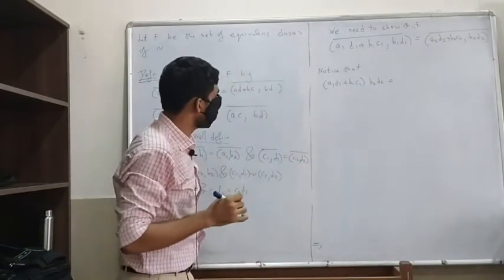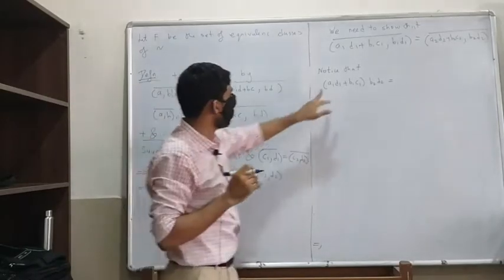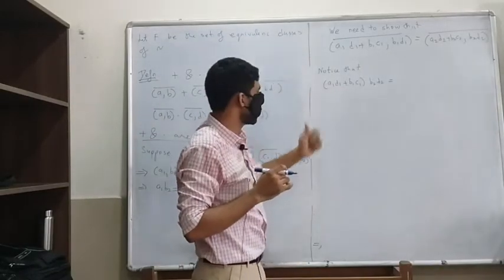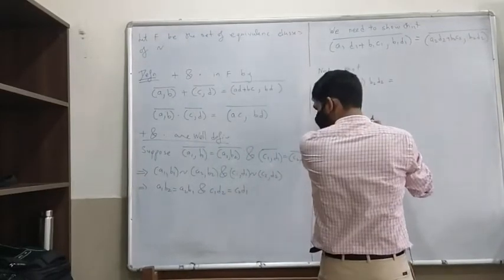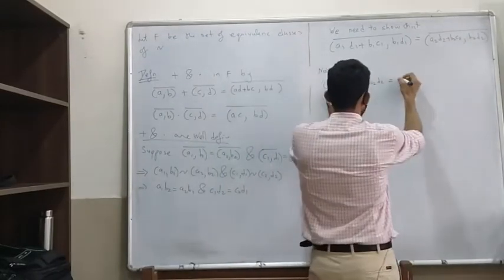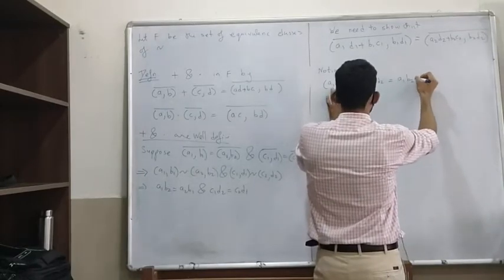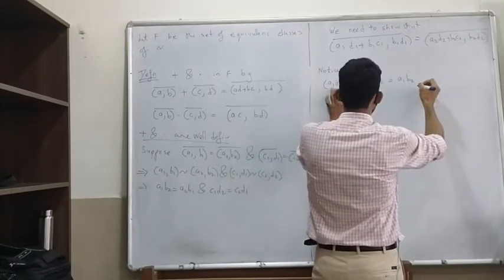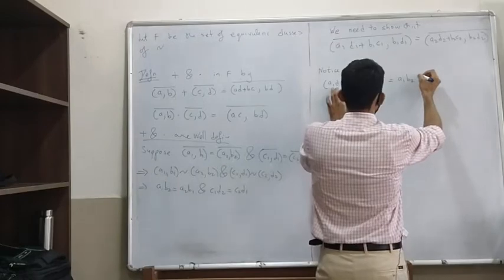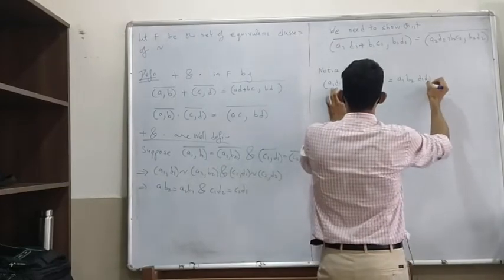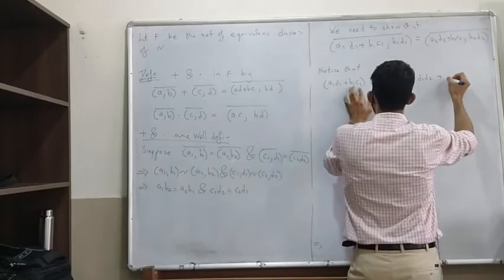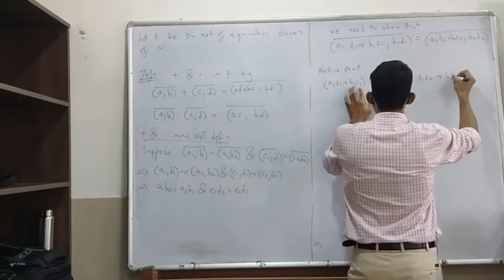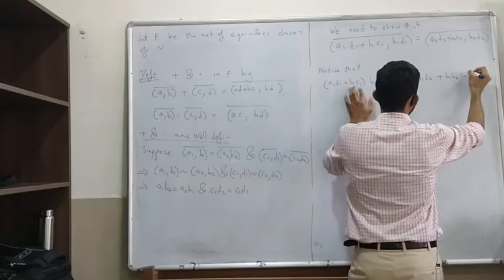In place of the a1 d1, I need to switch it with the a2 d2. So let's write this out. Multiply this: a1 b2, I think some of you will be able to see it now, into d1 d2. This one actually doesn't matter, plus let's go with b1 b2 c1 d2.